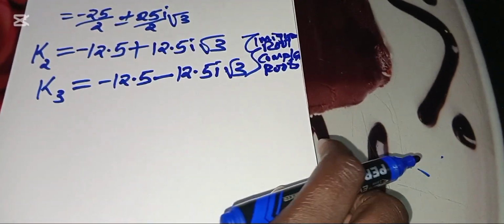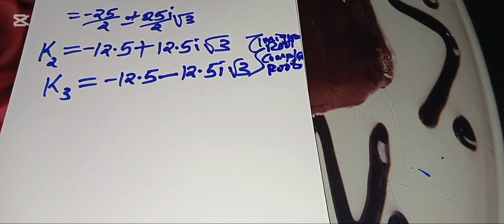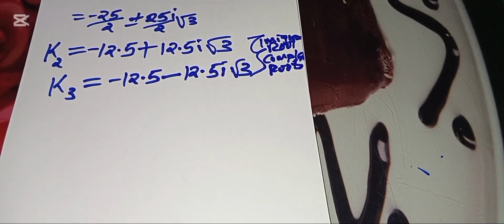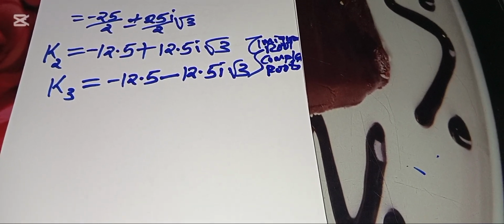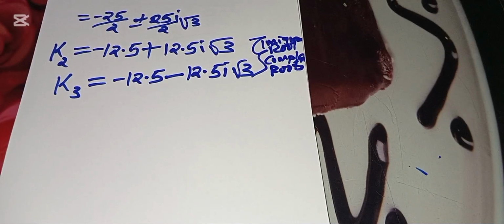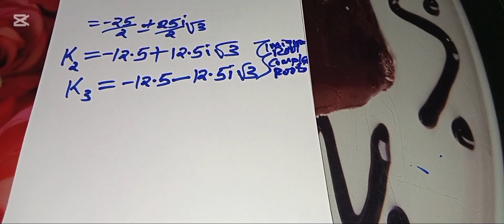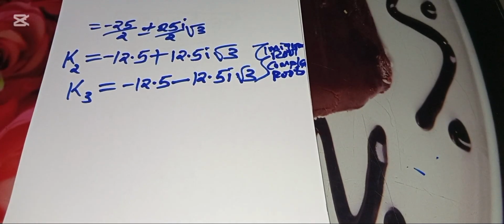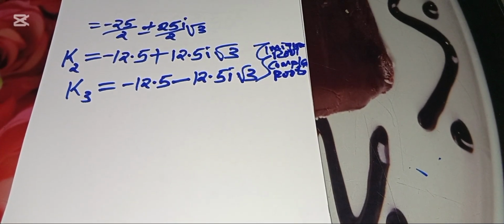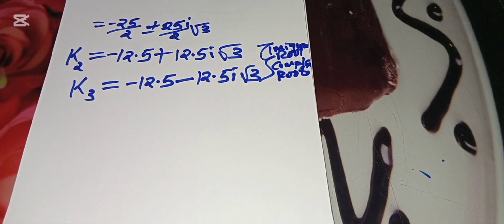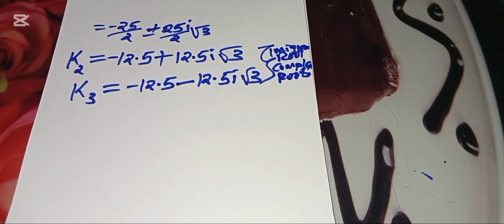Okay, so that means this particular math problem has 3 solutions. We have k1, k2, and k3. These are 2 complex roots, and we have only 1 real root, which is k1, equal to 25.